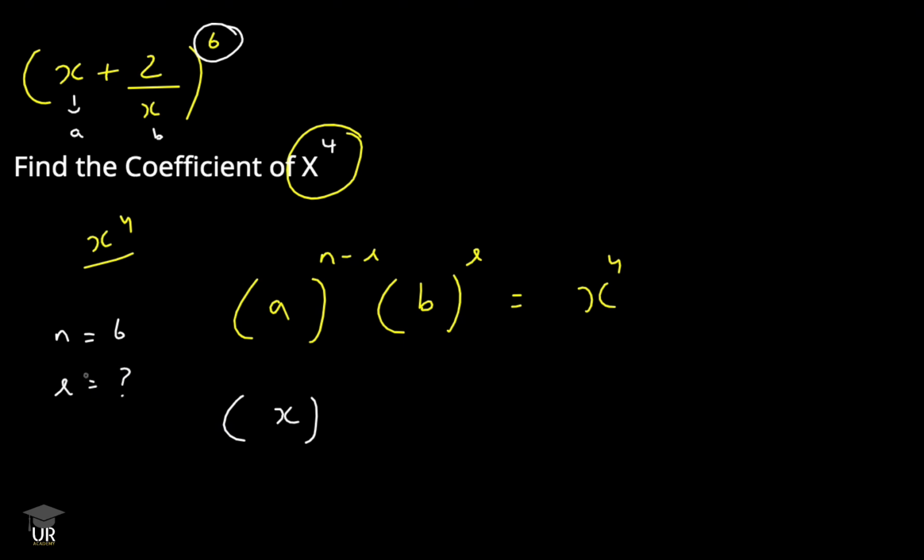So basically we need to find the value of r. So I will write 6 minus r in the bracket. Now this will become 2 upon x to the power r is equal to x to the power 4.